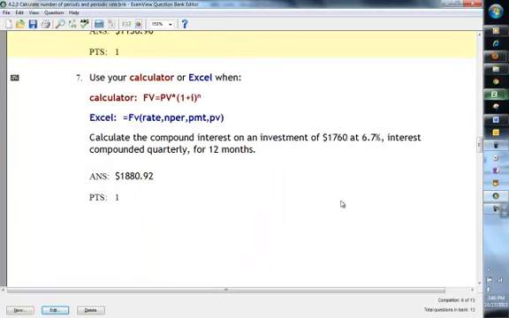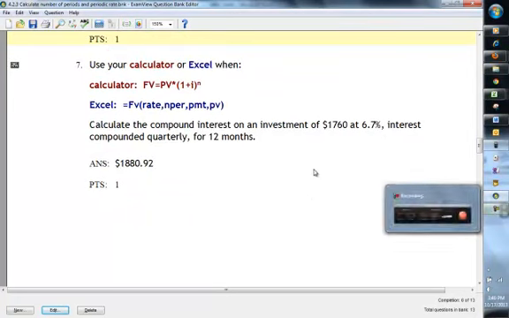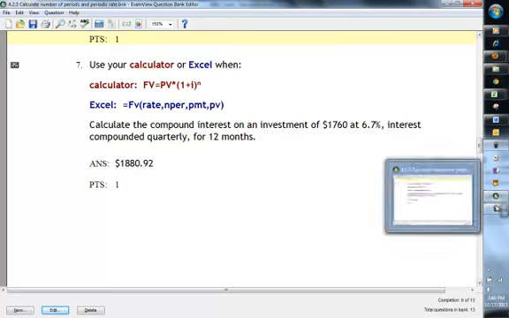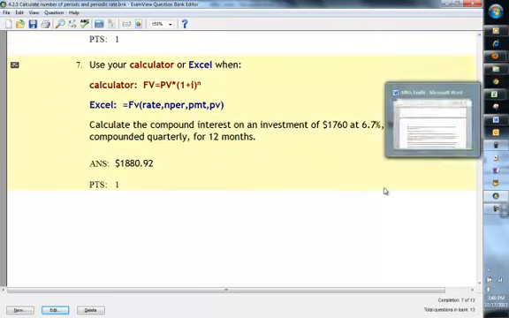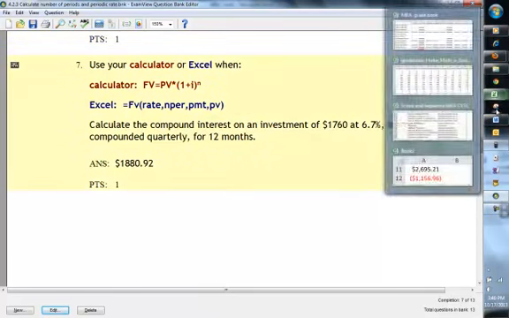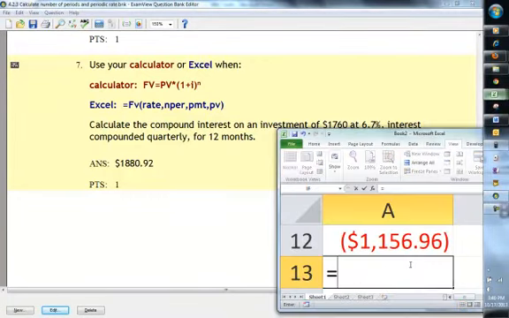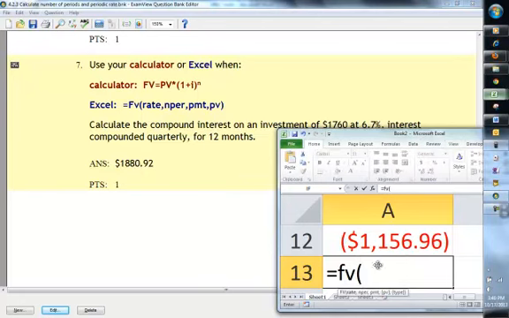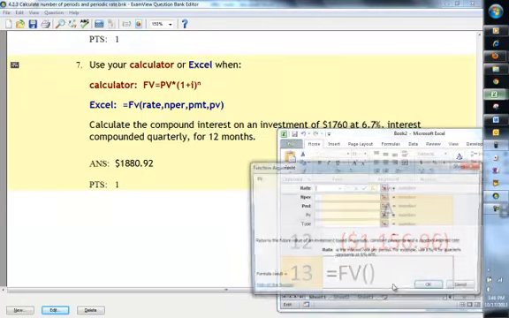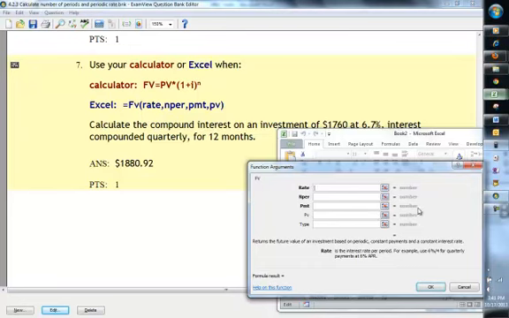Next one, calculate the compound interest on an investment of $1,760 at 6.7% compounded quarterly for 12 months. Okay, so equals future value, and we want the compound amount, not the compound interest. The rate is 0.067, but it's compounded quarterly, so divide that by 4.